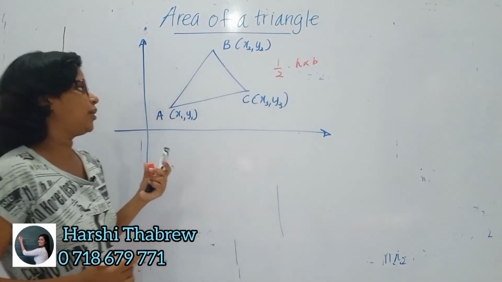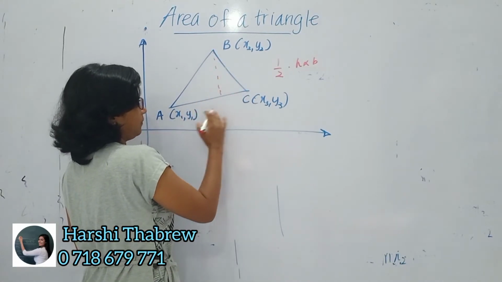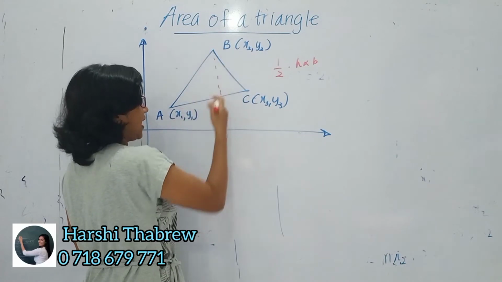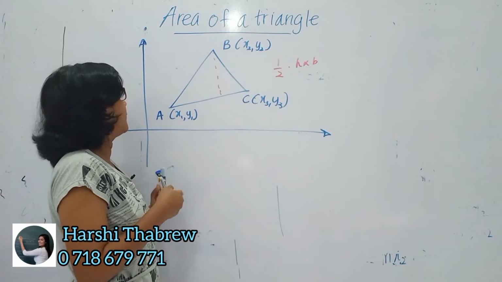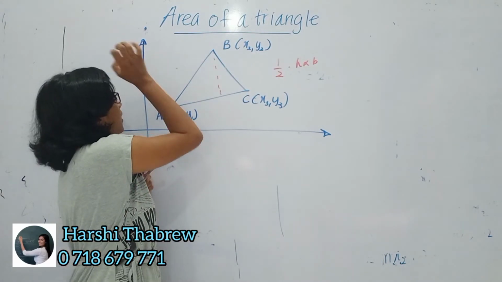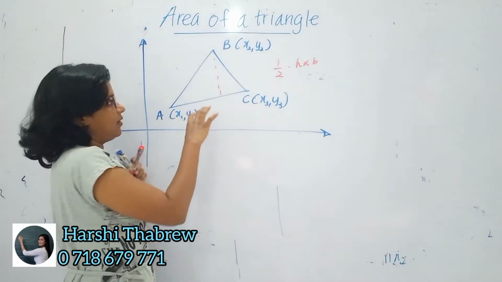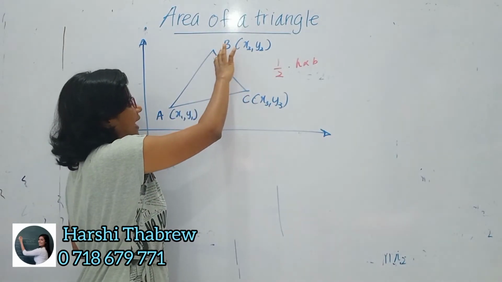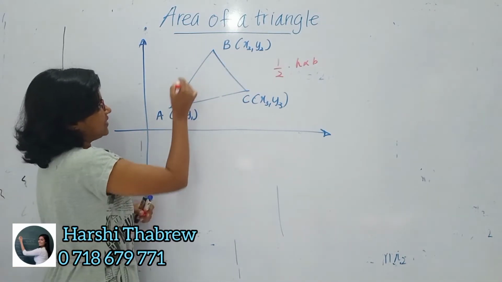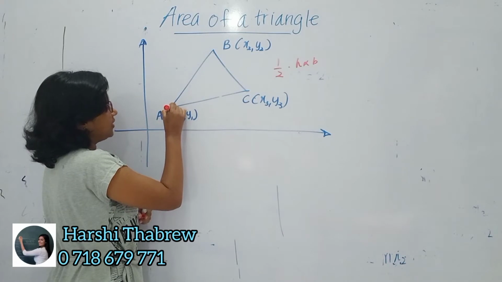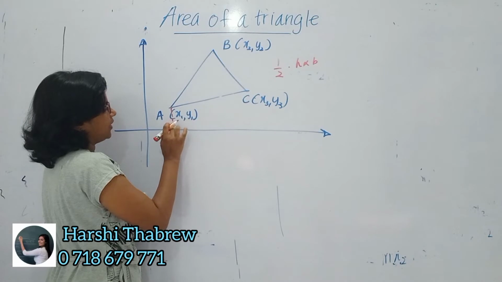Now here we will not be able to find a height because this height is not perpendicular to the x-axis, or it's not parallel to the y-axis, and it's a very long process to calculate this height. Therefore, I am going to divide this into parts. I will join this vertex with the relevant x coordinate of it.